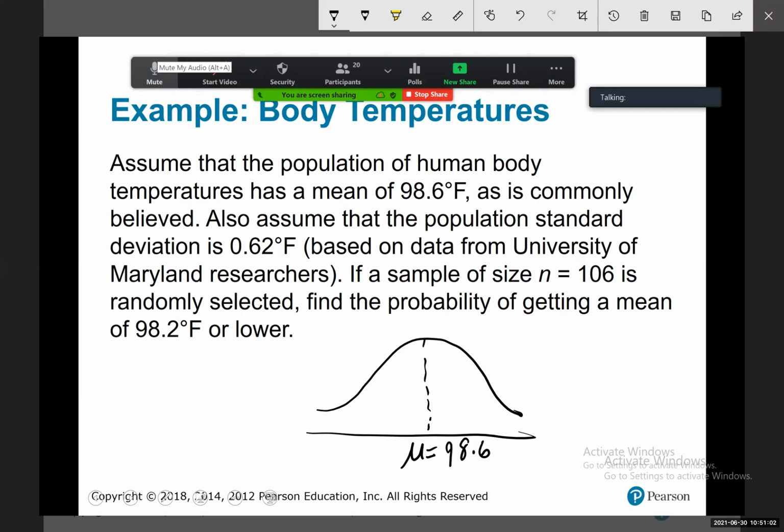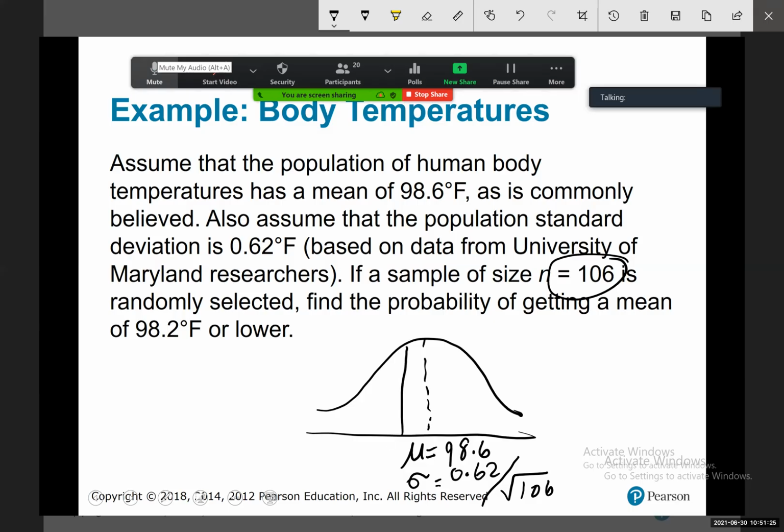Also assume that the population standard deviation is 0.62, but now you're taking a sample of 106. This is greater than 30, but regardless, we use 0.62 divided by the square root of 106. Find the probability of getting a mean greater than 98.2.